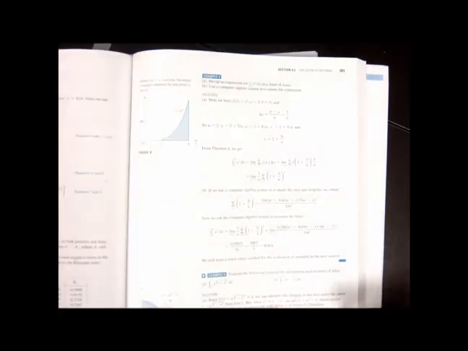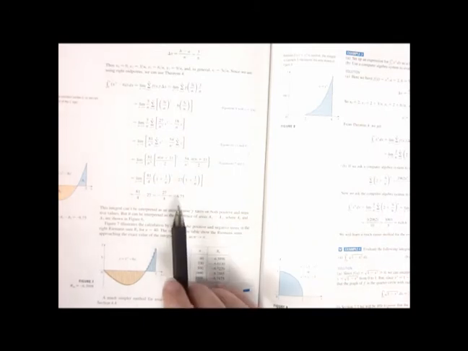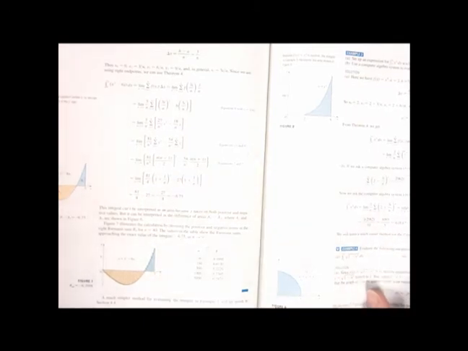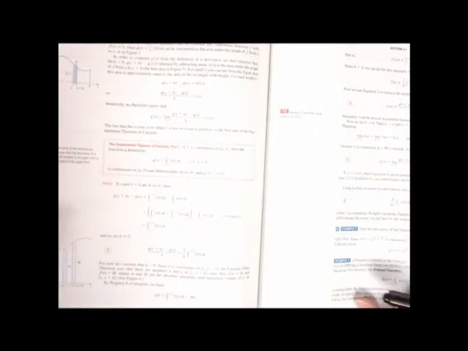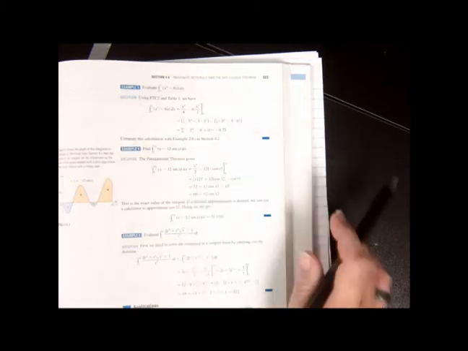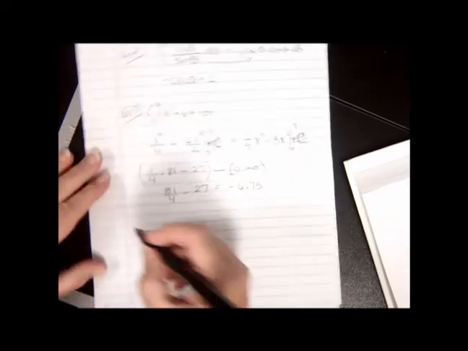Then when we did it as the limit as n approaches infinity, we did get negative 6.75. So you can see how accurate we are now just by integrating and using our power rule, getting the answer negative 6.75 in a much easier process. Okay, example 4.